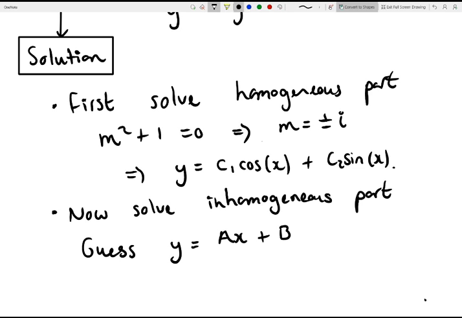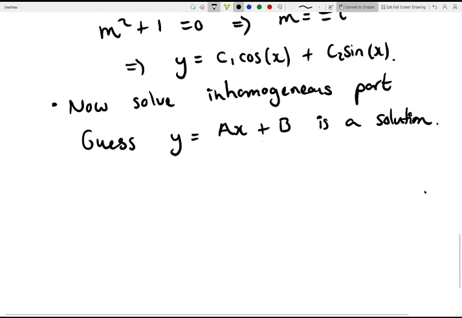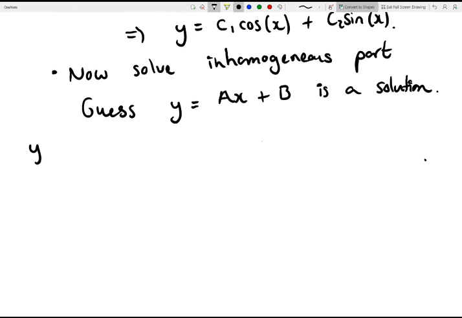So I'm guessing ax plus b is a solution, so let's go ahead and substitute it in. So y double dash plus y would be ax plus b.